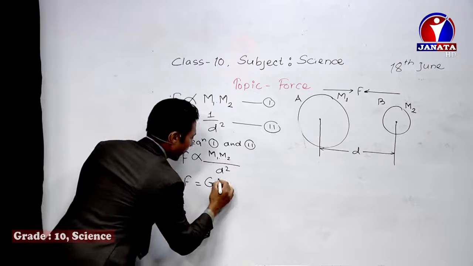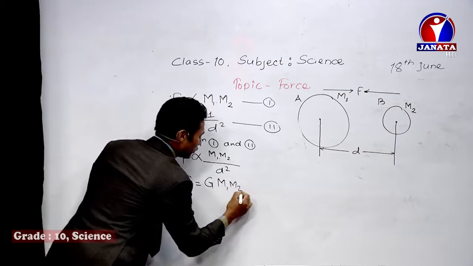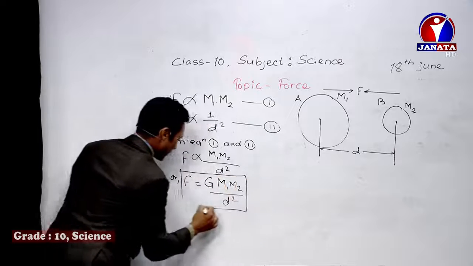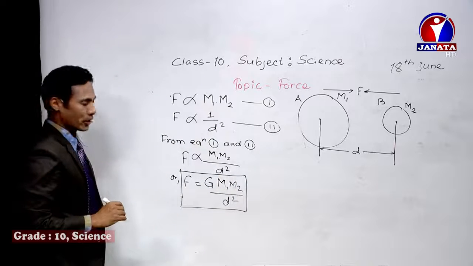So this one is G m1 m2 by d square, which is the formula for calculating the gravitational force, right?